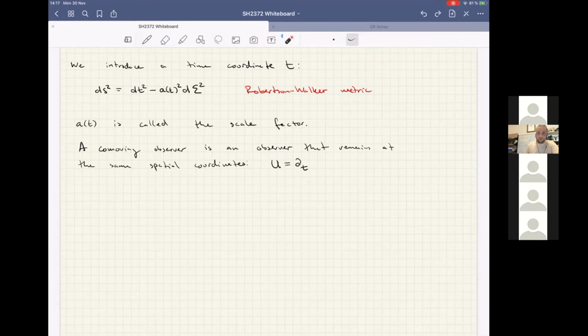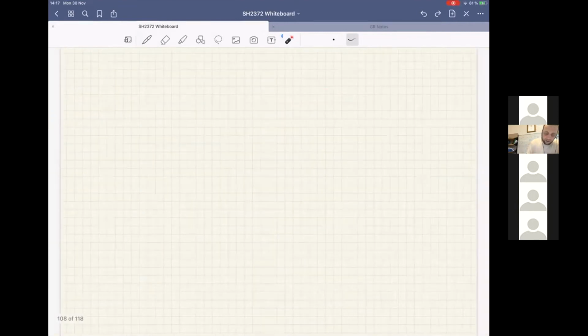So what kinds of stuff can we put into this universe, and how then do we describe that this universe evolves with time? So this is what is called the FLRW universe.